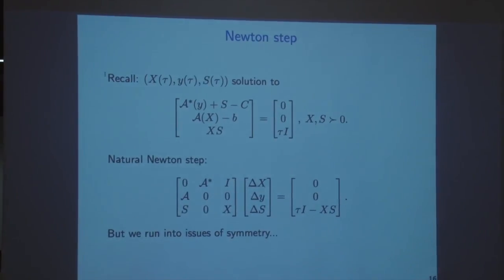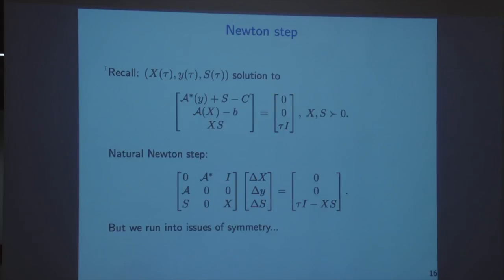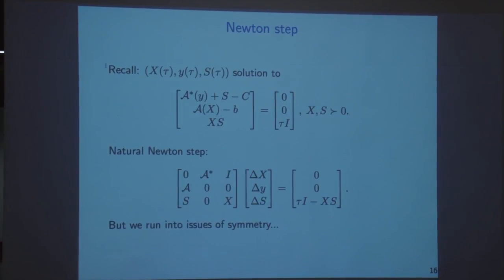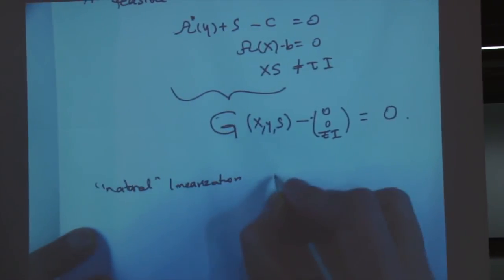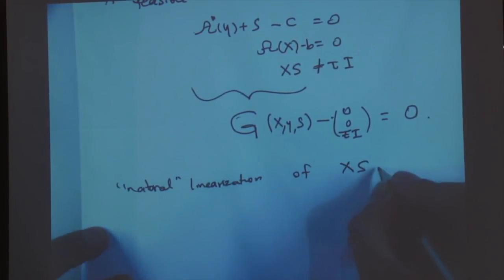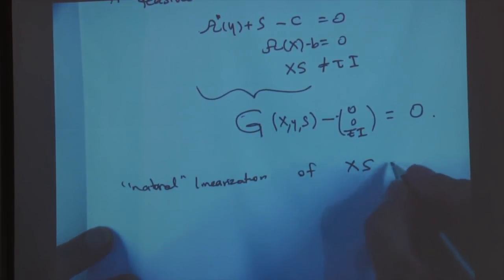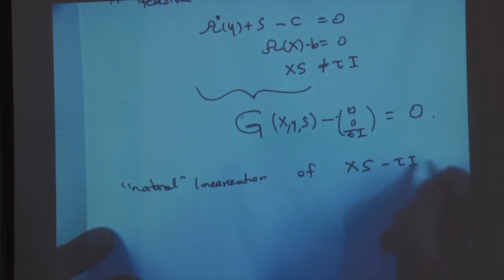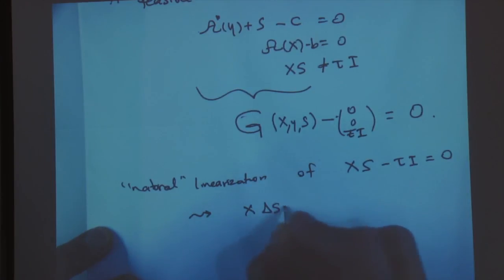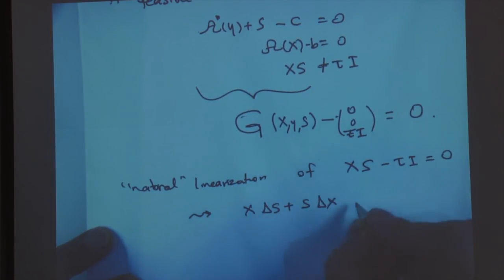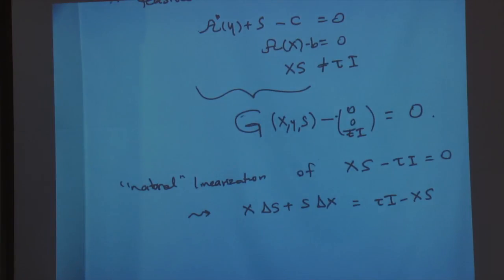So the natural linearization of xs minus tau I equal to 0 is x delta s plus s delta x equal to tau I minus xs. This would be the natural one.